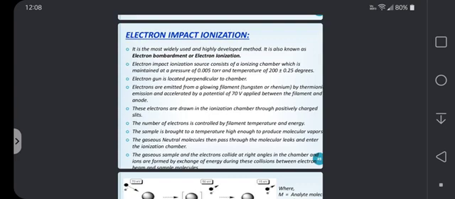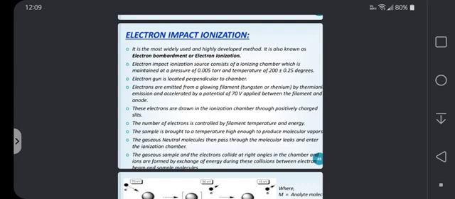The electron gun is located perpendicular to the chamber. Electrons are emitted from a glowing filament, usually tungsten or rhenium, and these electrons are drawn into the ionization chamber through positively charged slits. The number of electrons is controlled by filament temperature and energy.